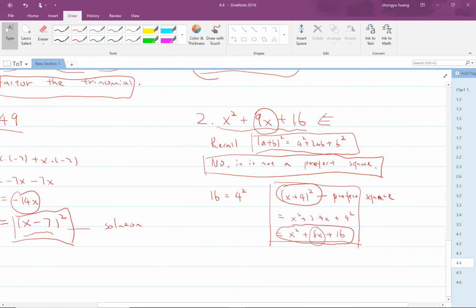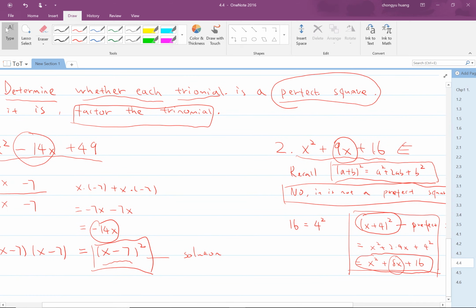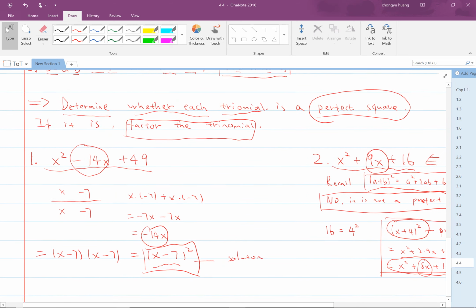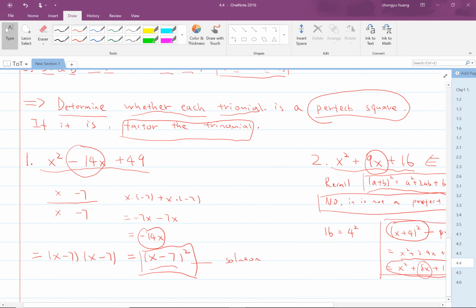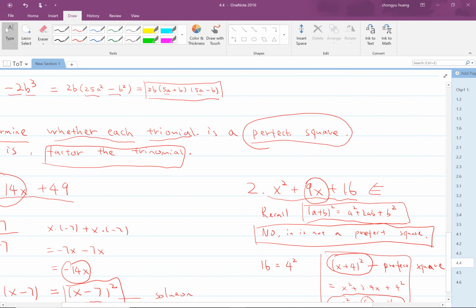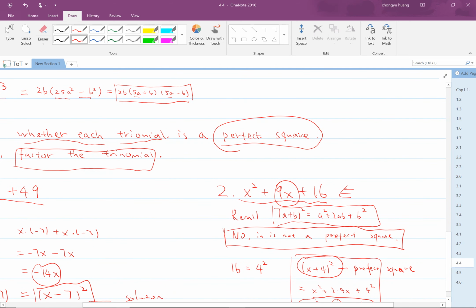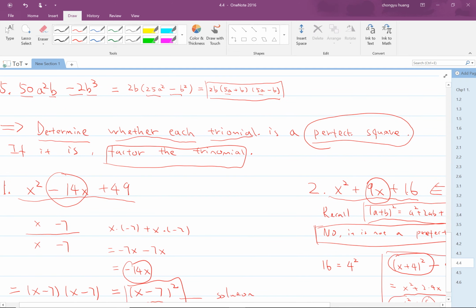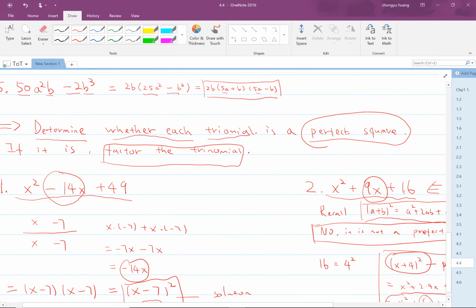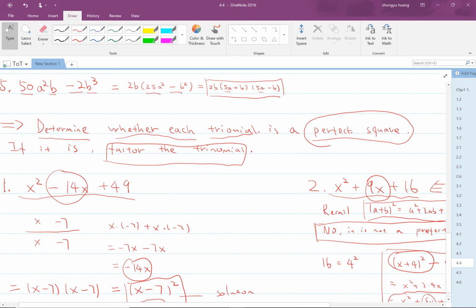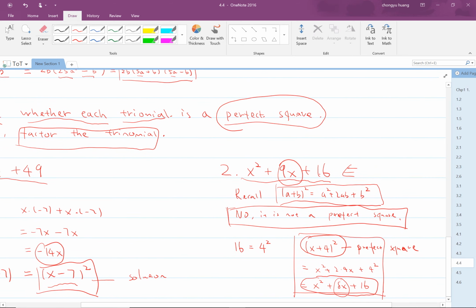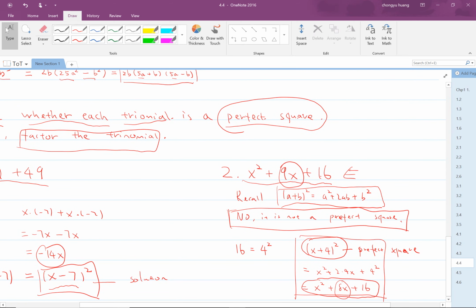As the question says, determine whether each trinomial is a perfect square, and the solution over here is this part, right? If it is, you need to factor it. But for question 2, it is not a perfect square, right? So you just say that is the solution.